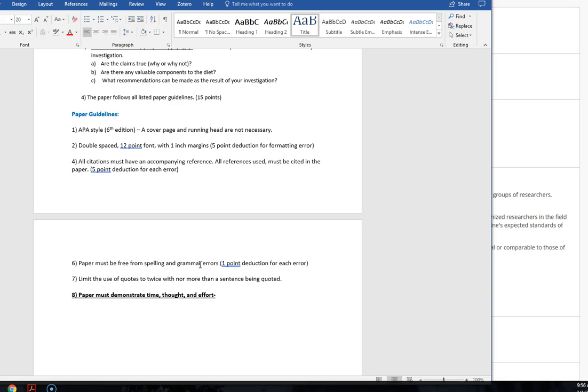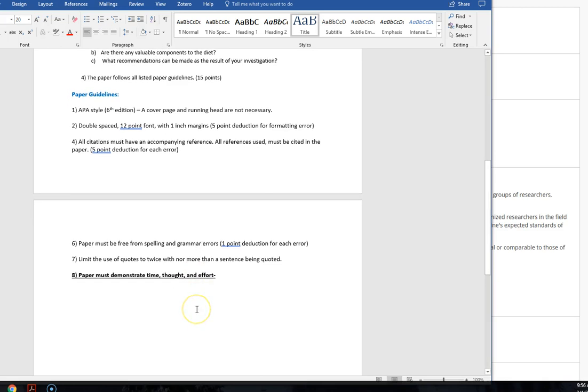So many students misunderstand that and they think, well, I read this in a textbook and I got that information, and they're doing their best to not plagiarize, and so they're listing that out. When in reality, unless you've used it as a citation, you can't list it out. And if you use a citation, you have to have the accompanying reference.